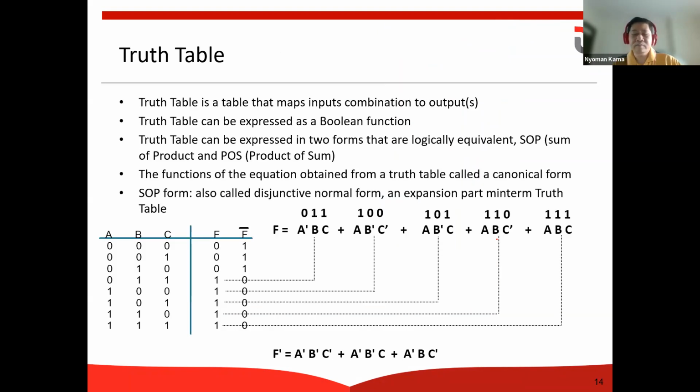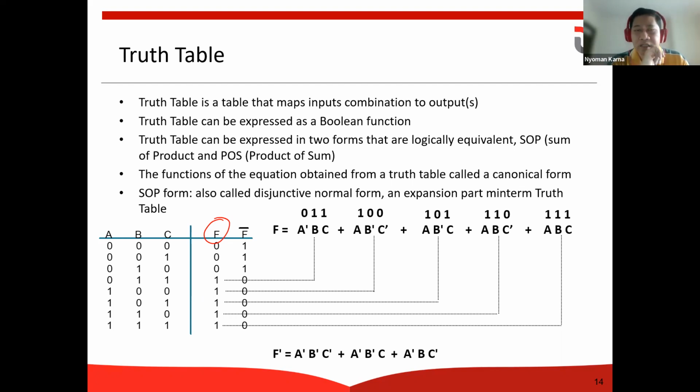Now, see the truth table. A truth table is a table that maps input combinations to a specific function. Remember, because this is a function, the output can only be one. We can have many inputs, but only one output.